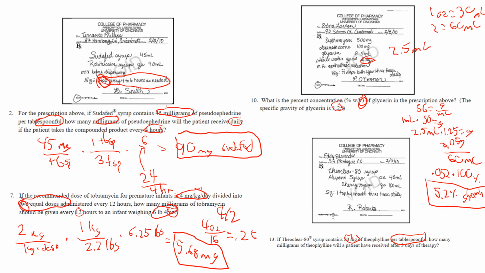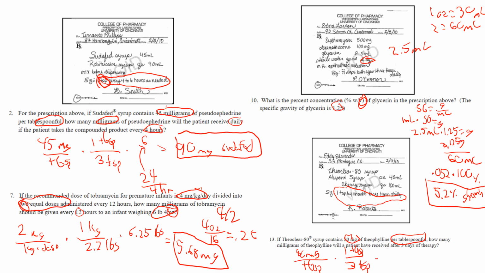But anyways, in this case, you take 1 teaspoonful by mouth 3 times daily. Okay, so we know how many milligrams they want to receive, so we have 80 milligrams per tablespoon, TBSP. We know that 1 tablespoon is 3 teaspoons.